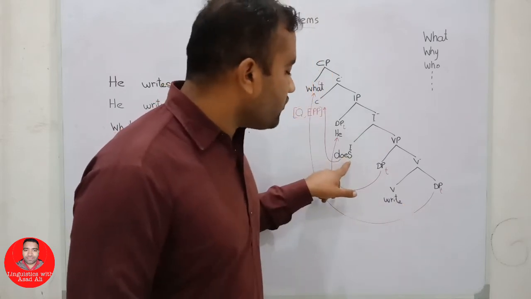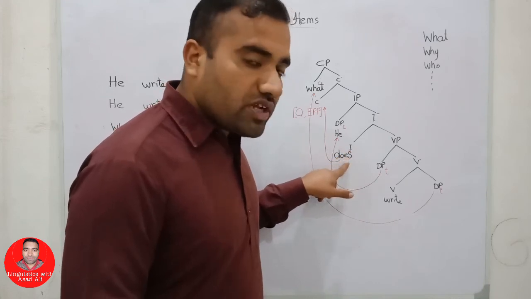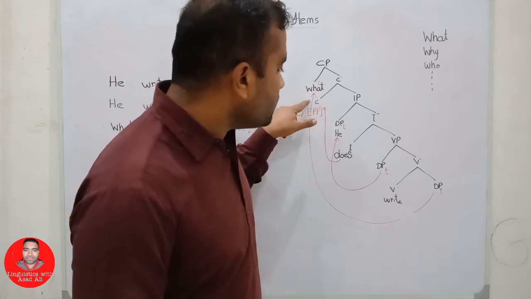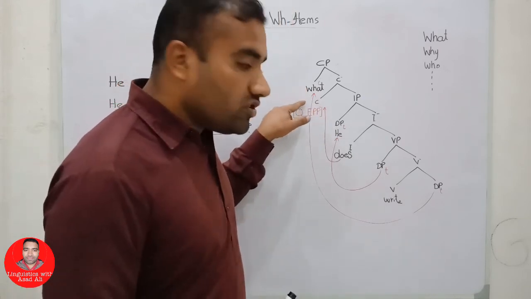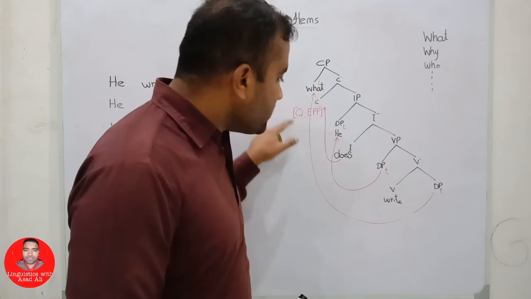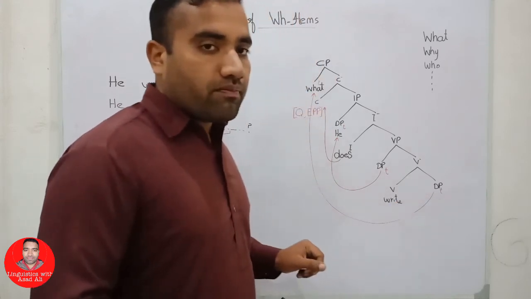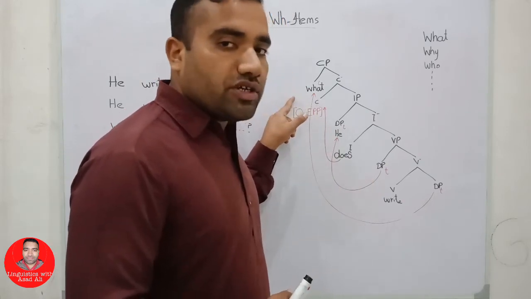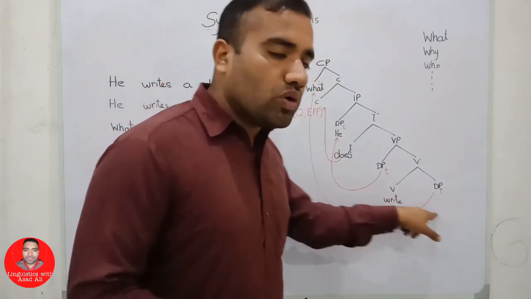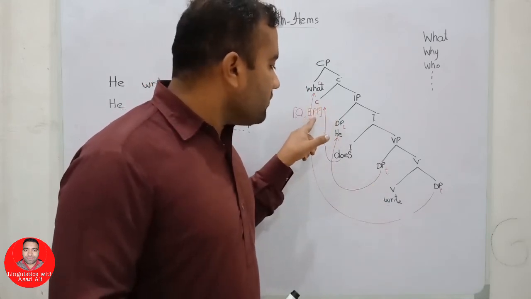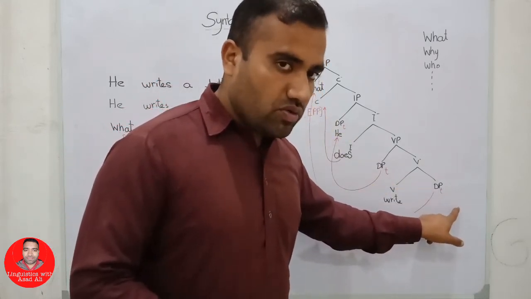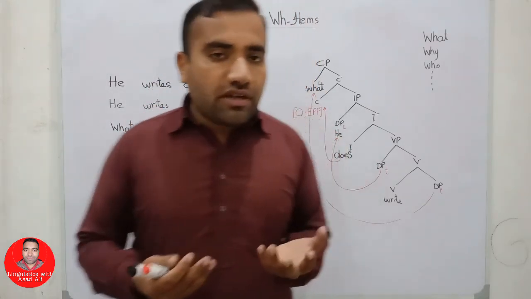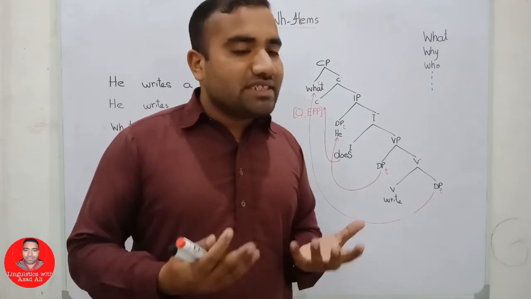And if we say this does not independently exist at this position and it moves to the head position, it means this is the strong head. If this is the strong head, it checks all the domain for the Q feature, and if this Q feature finds any Q word in the whole derivation, this Q feature triggers this Q word and takes it to its corresponding position, and in this way our sentence will be a fully grammatical sentence.